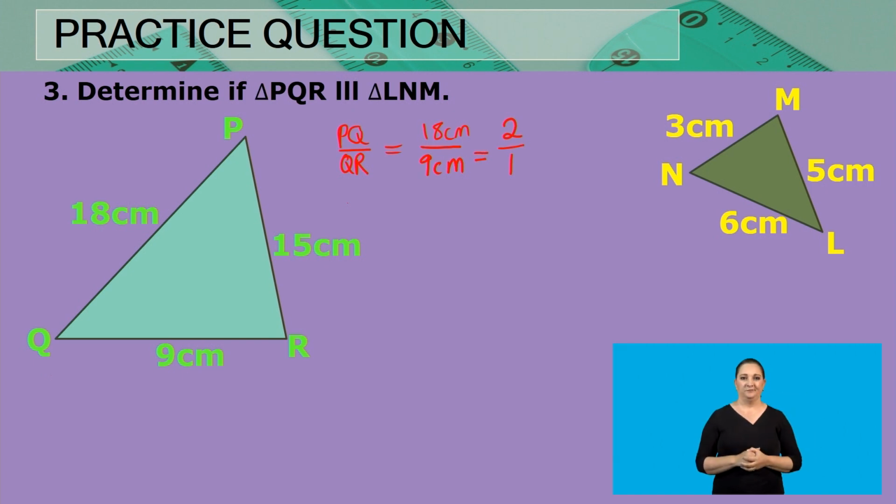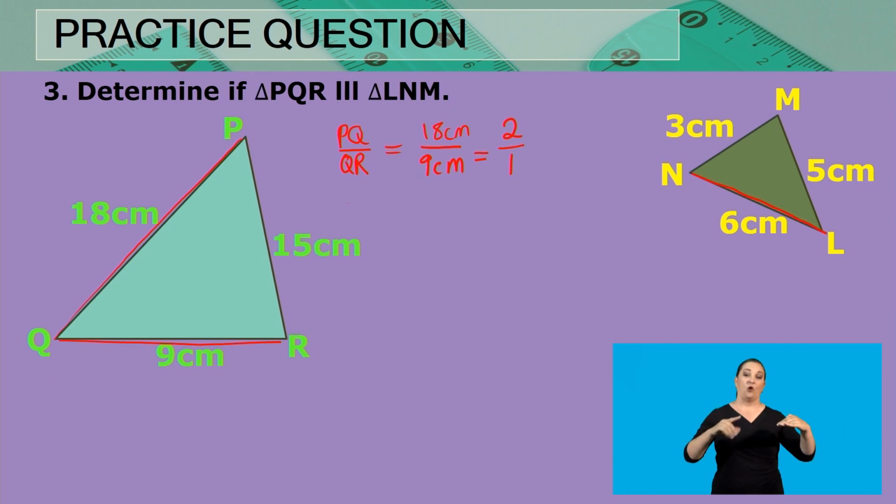Now let's look over on the corresponding sides of the smaller triangle so that we can see if these two triangles are similar. So in the bigger triangle, we took PQ and divided it by QR. Now we need to make sure that we have the corresponding sides. Which side do you think corresponds with PQ? Well, if you are thinking of NL, then you are absolutely correct.